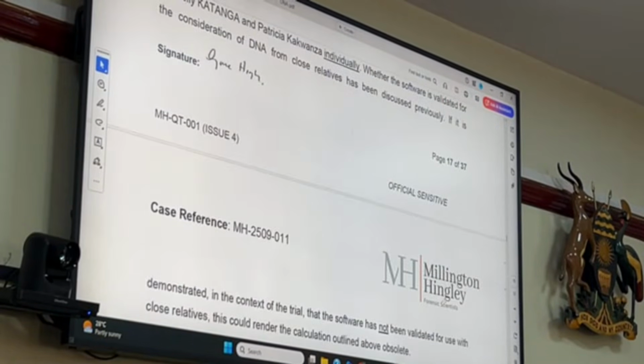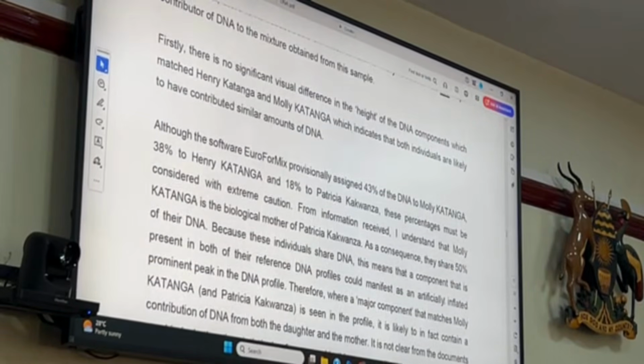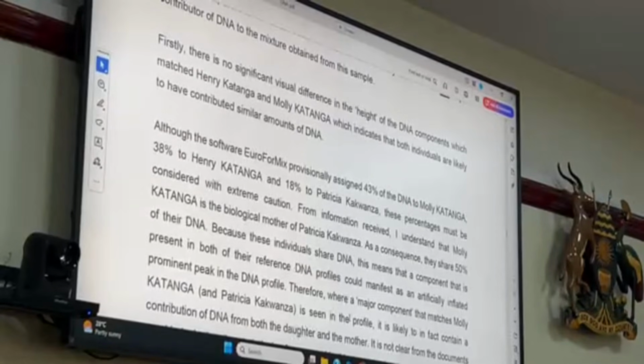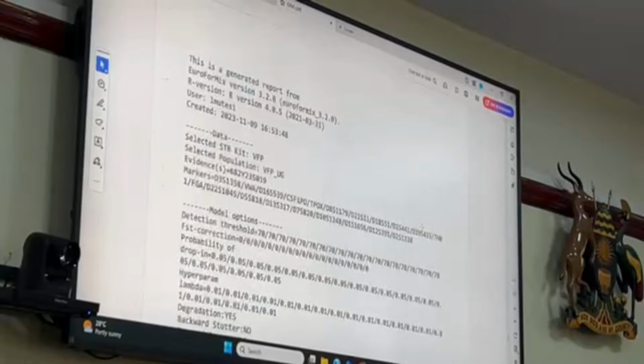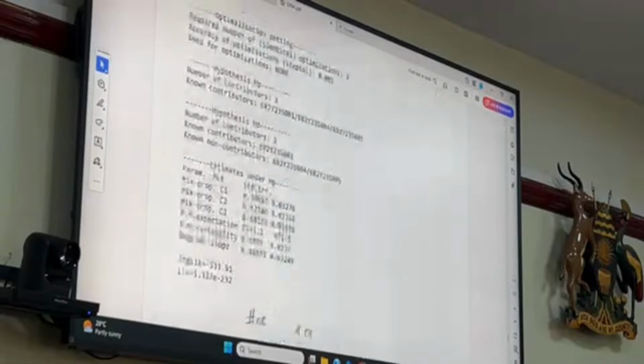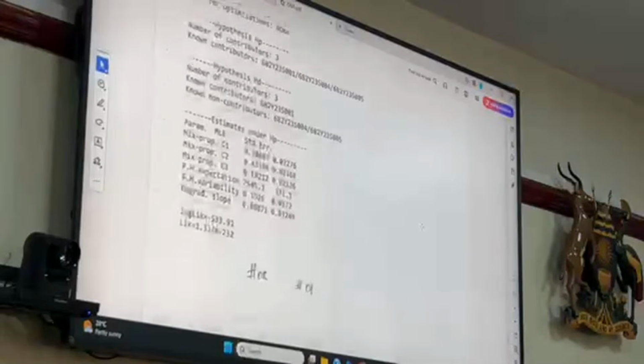But maybe before that, we could just go back to the Eurocomics result, because you said that there's a 43%. I want us to go to the Eurocomics and show us those results. Of the Euroformics or the EPG? The Eurocomics. So why are you getting 43%?